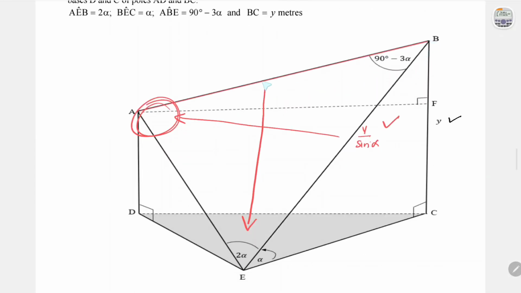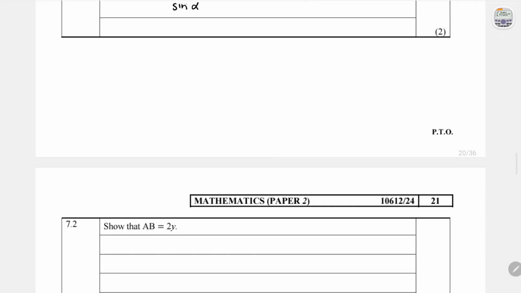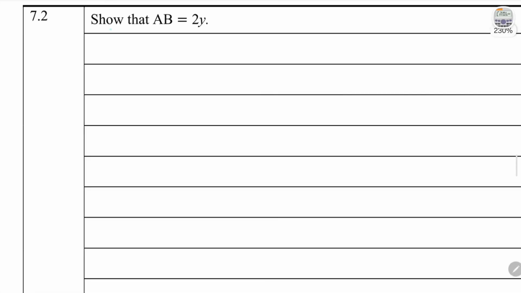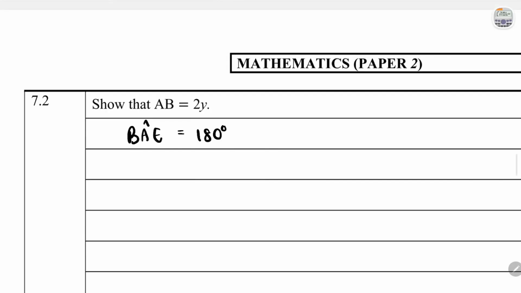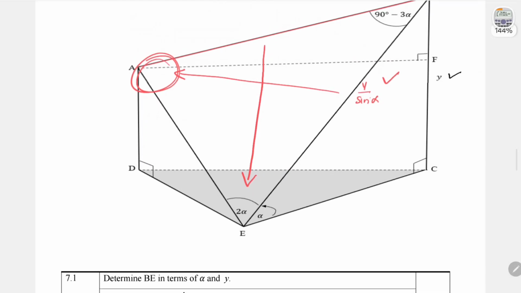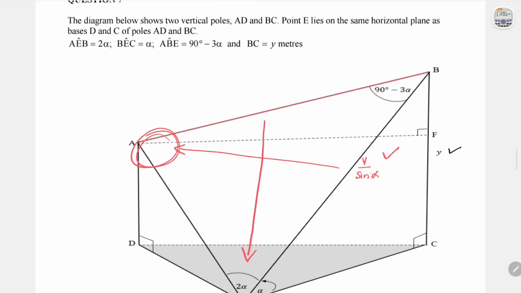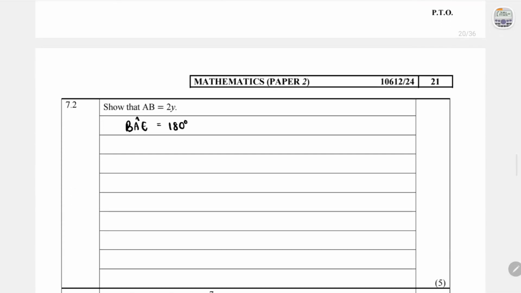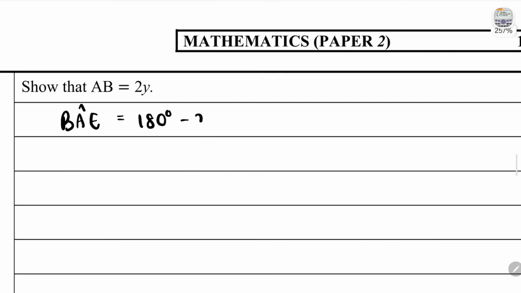Angle BAE is equal to 180 degrees minus 2 alpha minus (90 degrees minus 3 alpha).